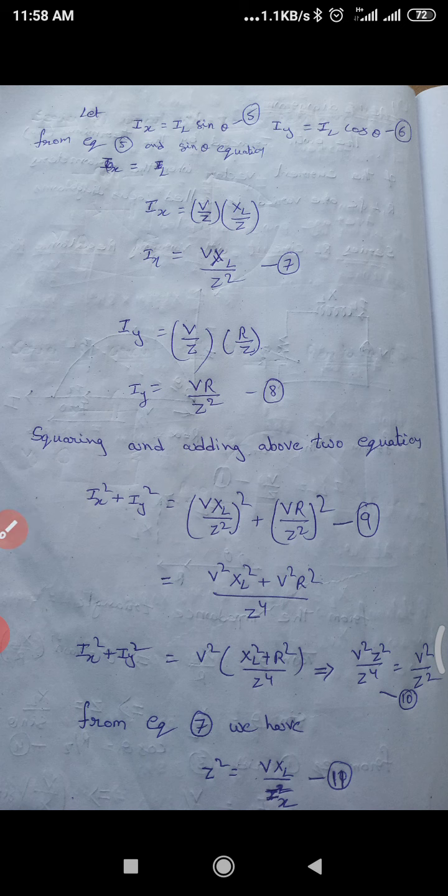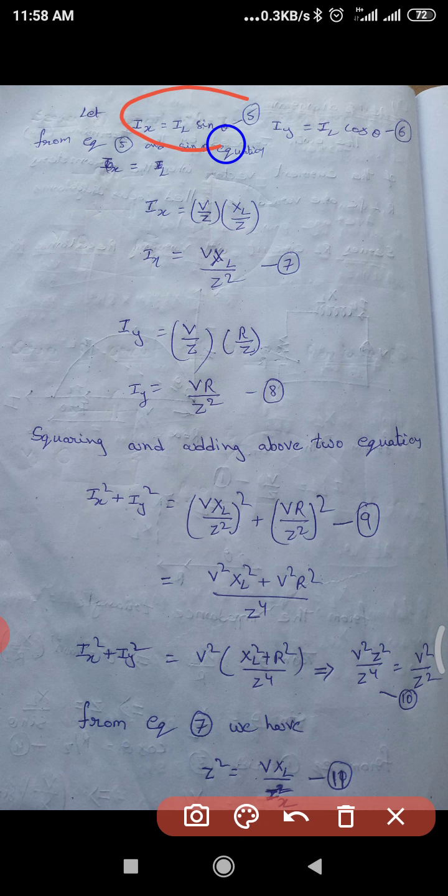Next, let us consider Ix is equal to IL sin theta, Iy is equal to IL cos theta. So from here Ix is equal to V by Z into XL by Z. How can we write this equation?